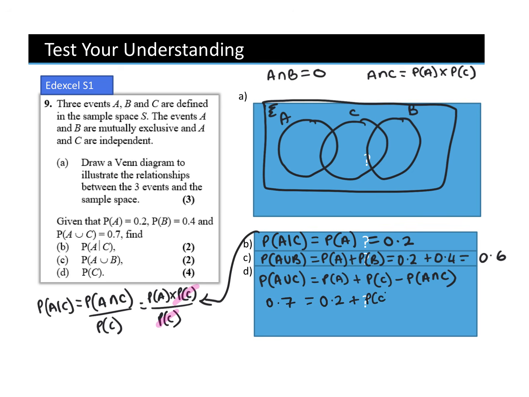The probability of C is what we're trying to work out. And the probability of A intersection C, now we know A intersection C is the probability of A times C. So this is going to be 0.2 lots of the probability of C. So all I'm doing is manipulating the rule, writing in the facts I know, and then rearranging. So I'm going to get 0.5 equals 0.8 lots of the probability of C. So therefore, the probability of C is going to equal 5/8.